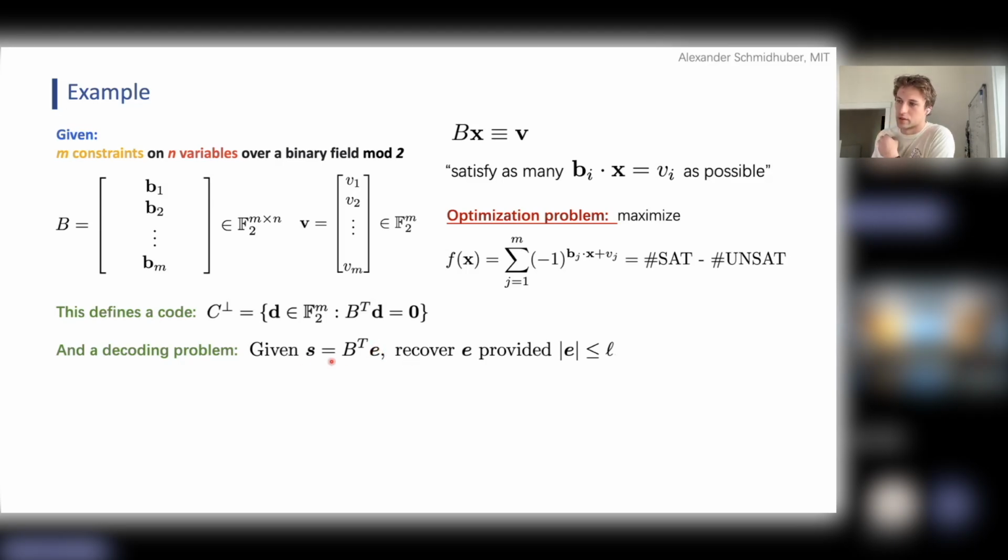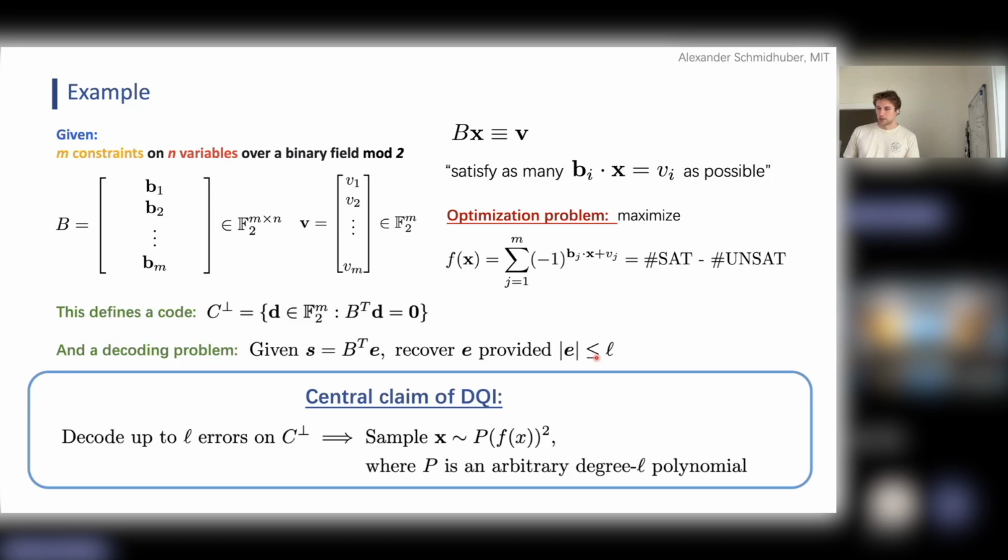You just know its syndrome, so the product between B transpose and E. And then given that syndrome, you're trying to recover E. Of course, this is impossible in general because the kernel of B transpose is non-trivial, so there are many E's that map to the same syndrome. But now we introduce this additional assumption, which is that E has bounded weight. Its Hamming weight is bounded by some parameter L.